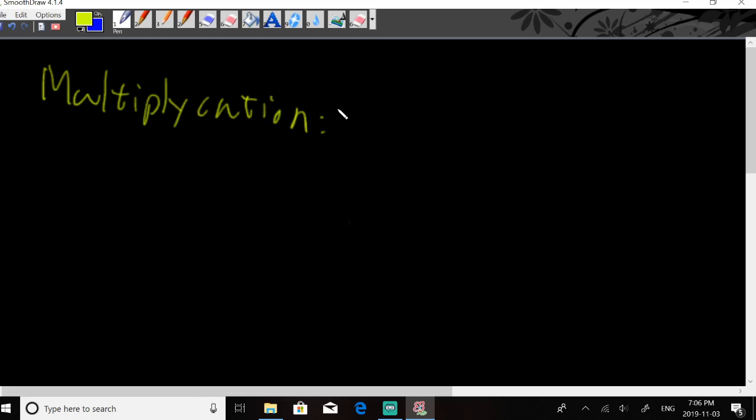Okay, we're going to look at multiplication. The multiplication of complex numbers can be carried out by the same method that polynomials are multiplied.